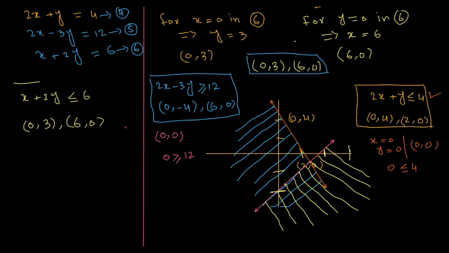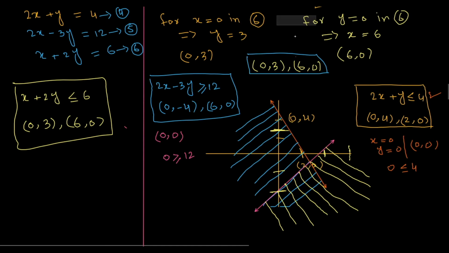These are the 2 points. 0 comma 3 means that if this is 2, then here it will be 3. And 6 comma 0 means that the points will be 2, 4 and 6. This is your 6 comma 0. So our line will pass through these 2 points. Let me draw the line from these 2 points.